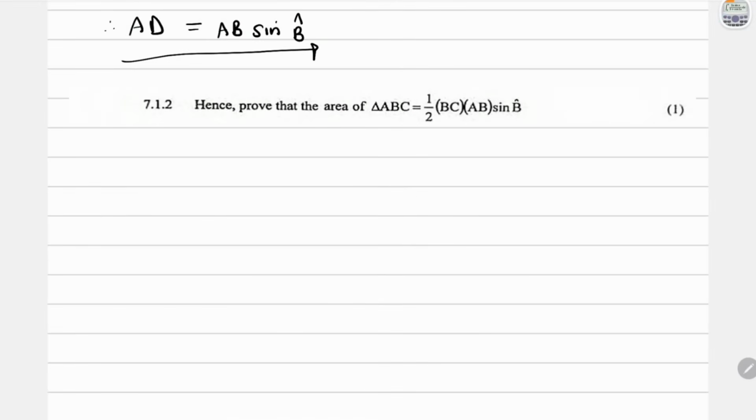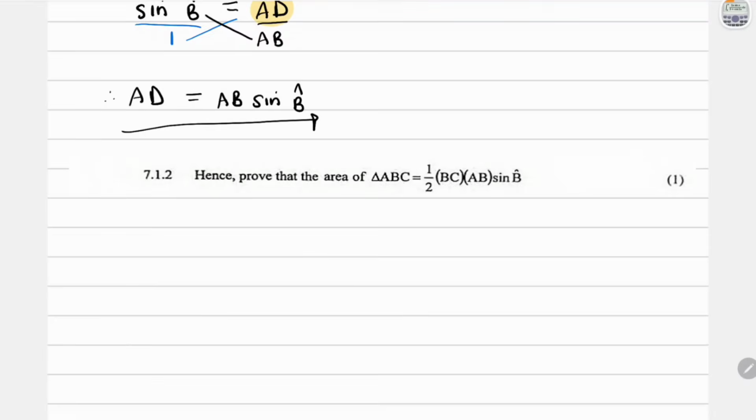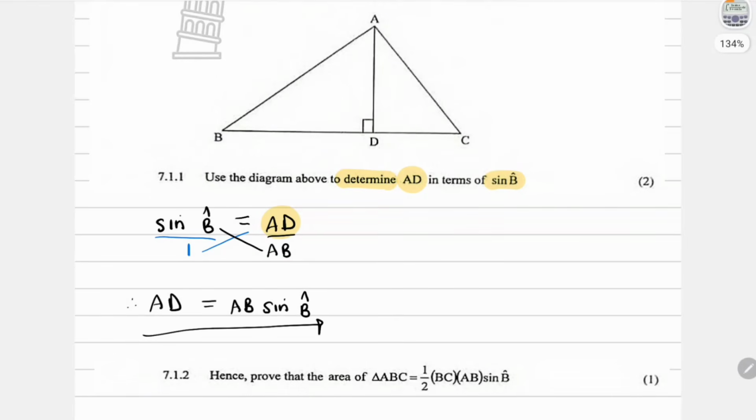The next question, 7.1.2, says, hence prove that the area of triangle ABC is equal to a half times BC times AB times sine of angle B. Prove that it looks like they're using the area rule.